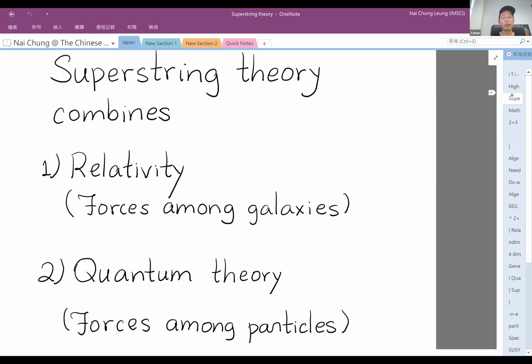The other is quantum theory, which is exactly the opposite, studying the physics of very tiny spaces and tiny particles, the forces among different particles. So one is on a very large scale, the other on a very small scale. Amazingly, both of these theories, when you first learn them, are so counterintuitive.